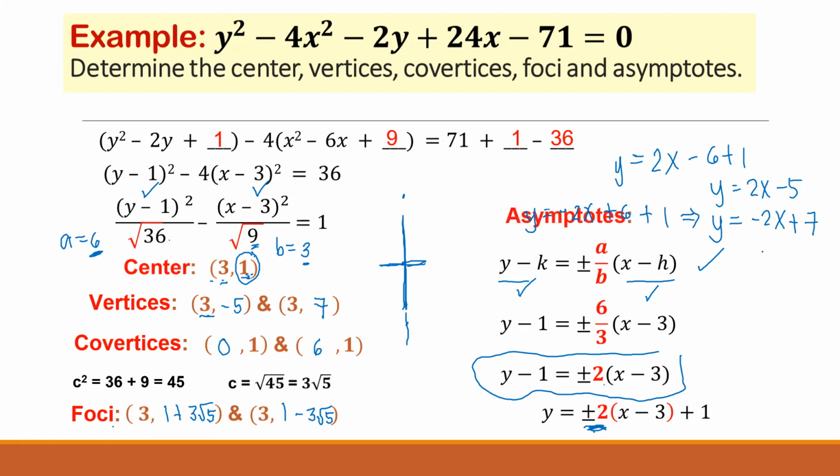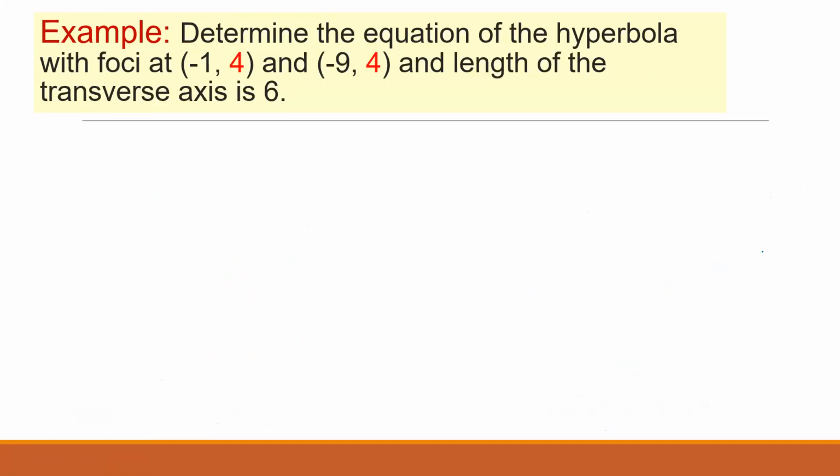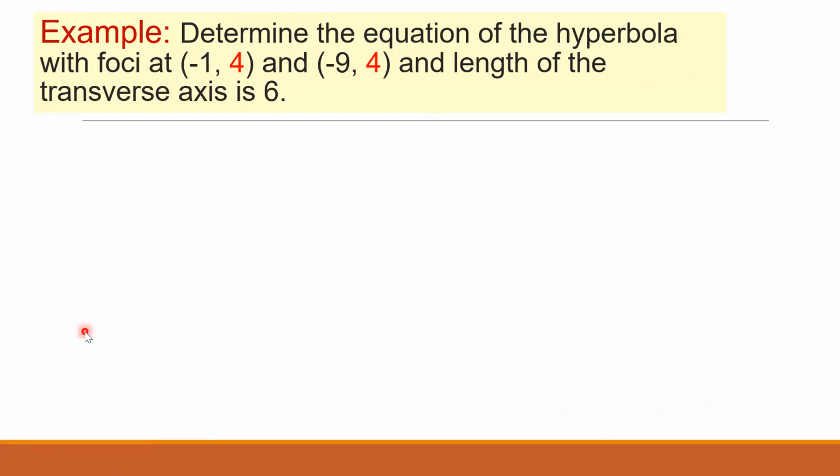So let's take a look at our next example. Determine the equation of the hyperbola with foci at negative 1, 4 and negative 9, 4 and length of the transverse axis equal to 6. So again, anong relationship ng ating center?